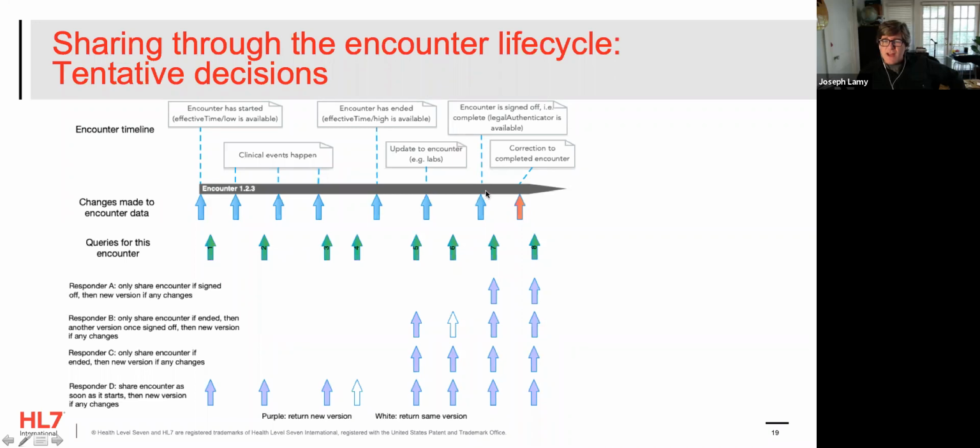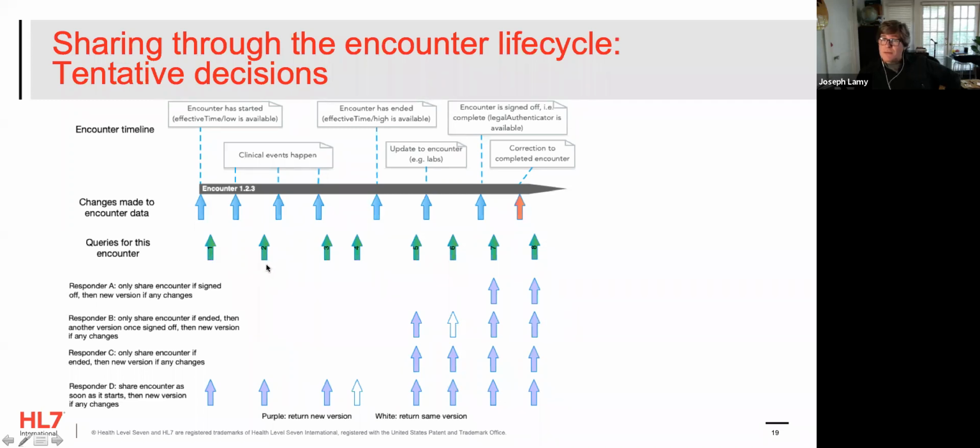And then even after that, you might have a correction, and that's what that red arrow refers to. And if you have that correction, I'm not actually sure whether you can make a correction to that legally authenticated document or whether you have to fully replace it. I'm not sure. And then the green arrows reflect queries that would match this encounter.